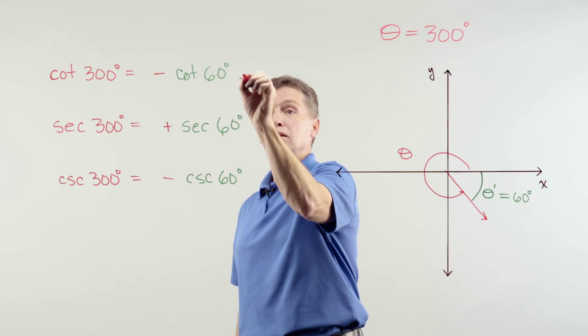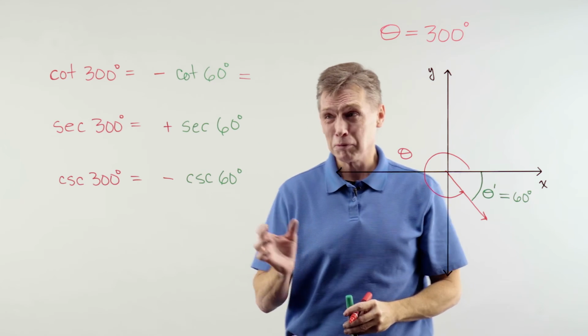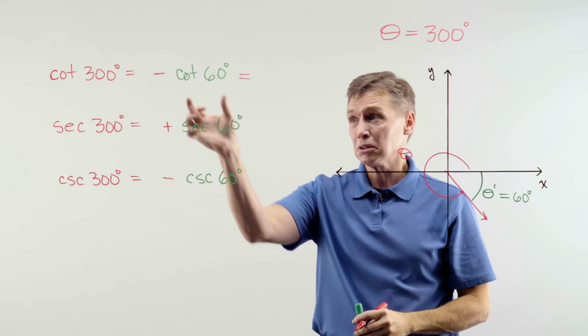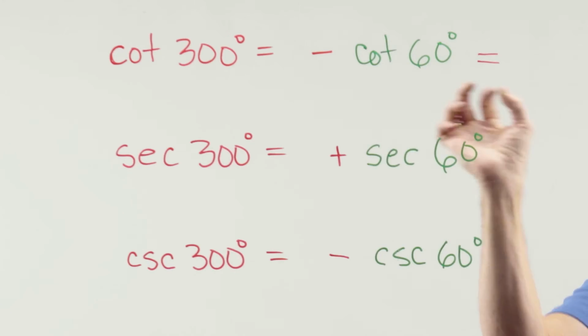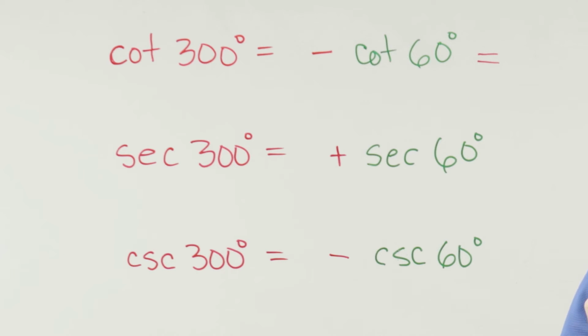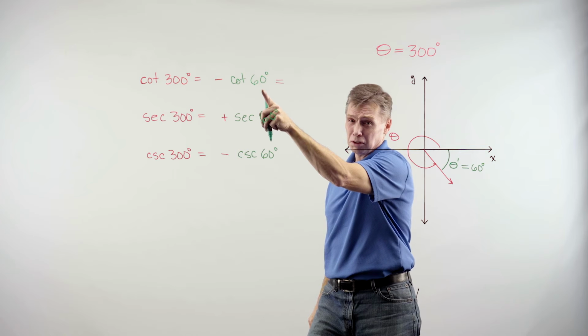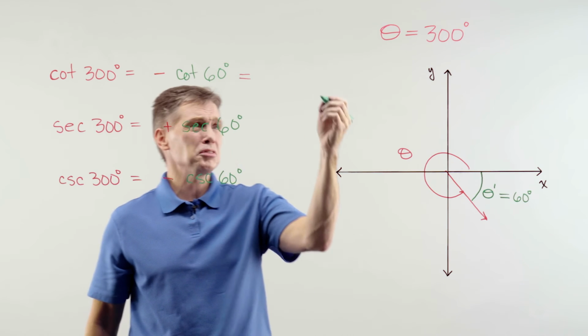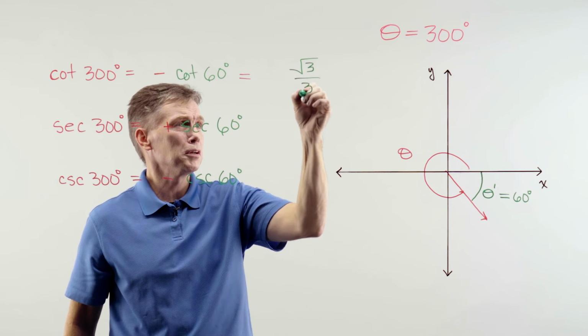All right, but then we're not done with the problem yet. I still need final answers for each of these. I'll keep my color coding going for you if it helps, because now we get our final answer by knowing these green expressions. Every one of these trig functions of a reference angle comes down to some of our special angles that I hope you have in your head. So for instance, cotangent of 60 degrees. I know the cotangent of 60 degrees is square root of 3 over 3.